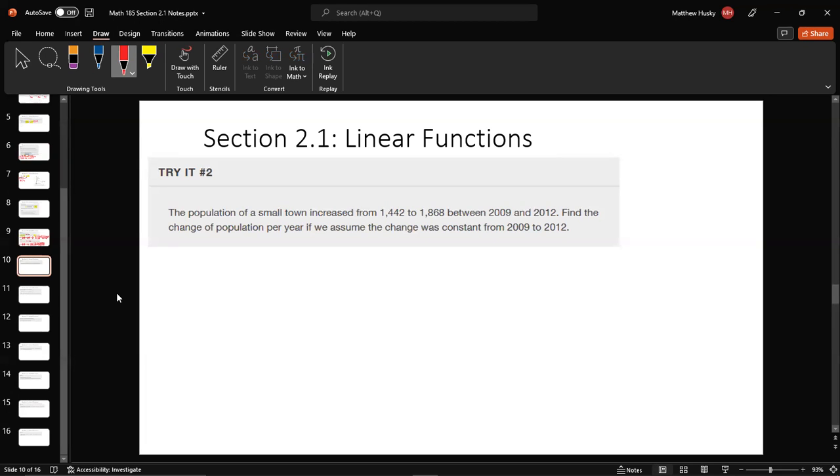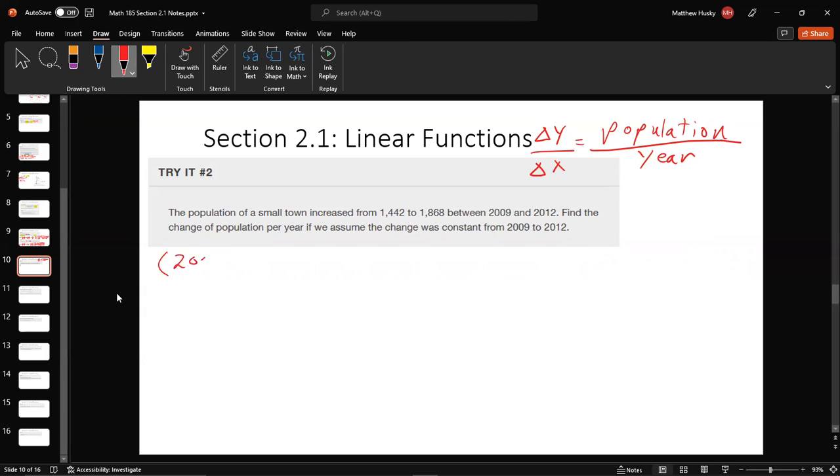So if you were to write this as coordinates, you would do the population per year. Basically that means the population needs to be Y, because that's the change in Y. Years needs to be X, that's the change in X. So X is the years.